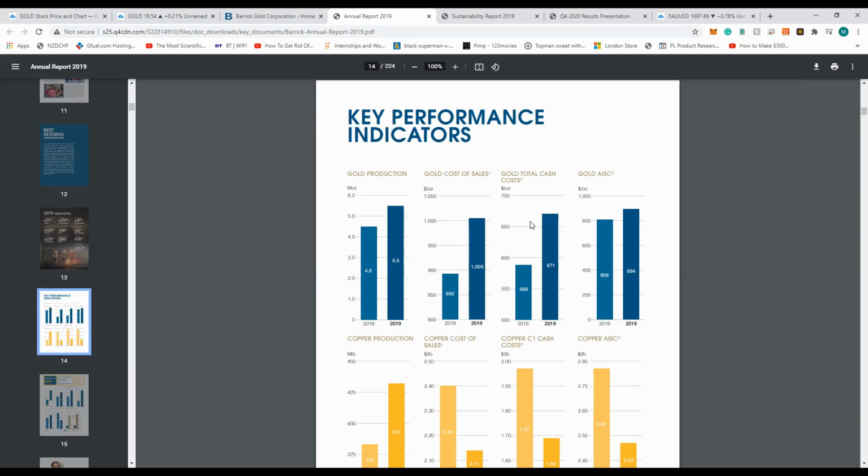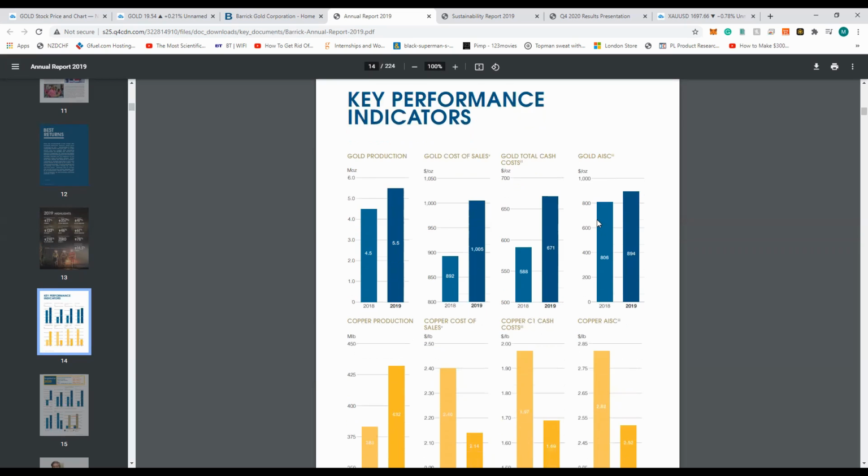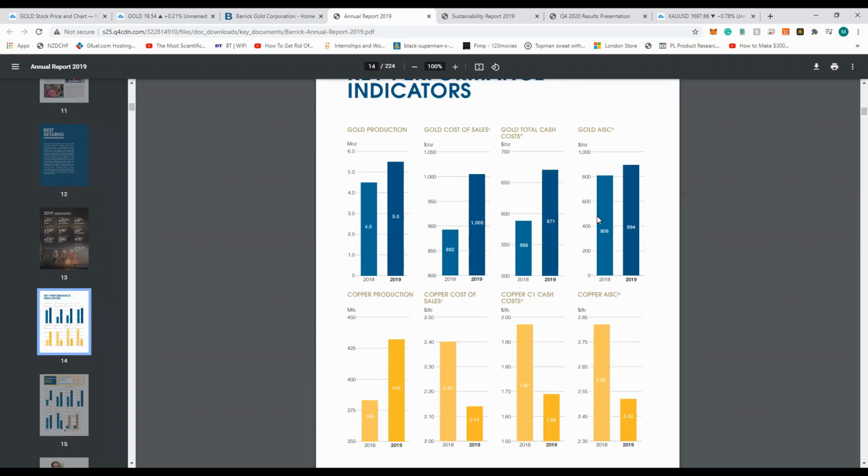And then after, you want to look at the cost of production and then the gold AISC. AISC I'll go through in more detail. But when you do this, the key thing I'll say is definitely look at this. For me, I don't try to look for everything because there's too many things to look at.